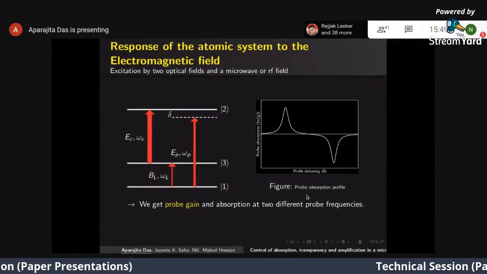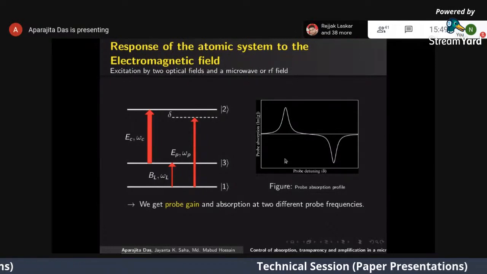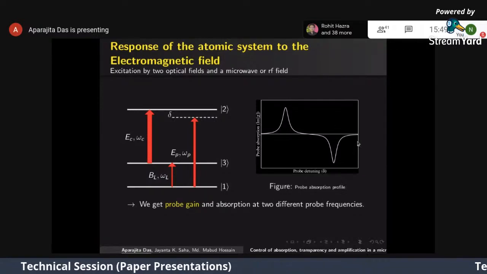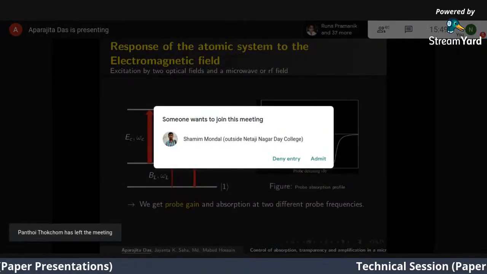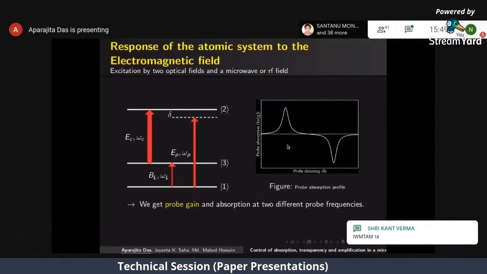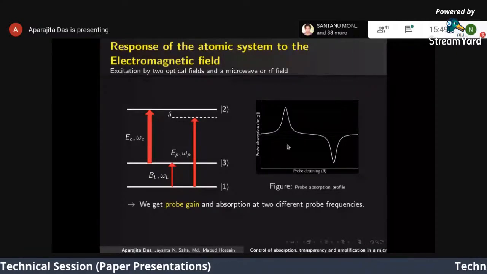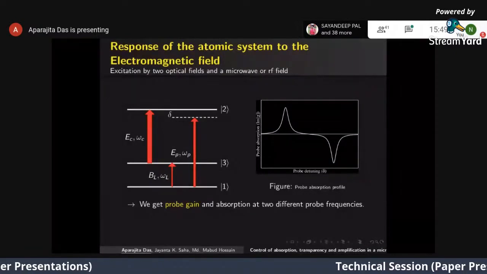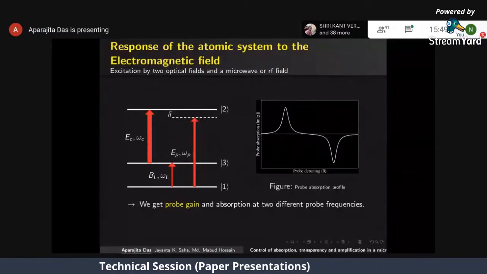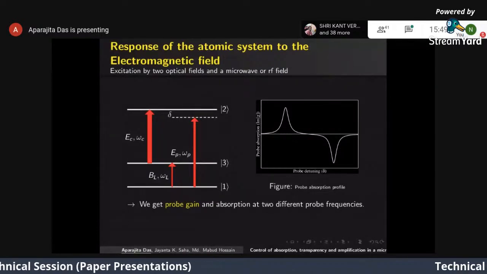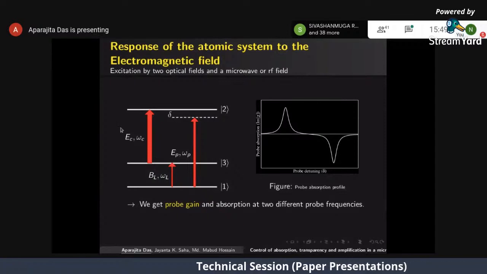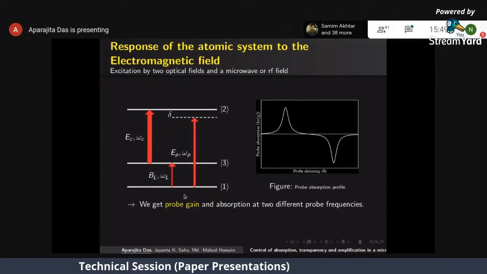What we get is probe absorption with amplification of the probe simultaneously at different detuning positions or different probe frequencies. So at that point, it is clear to us that we can control the responses of the atomic system or atomic medium to any electromagnetic field if we shine that system with other electromagnetic fields.